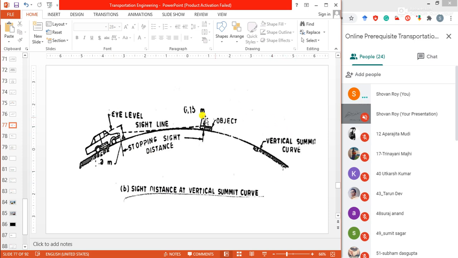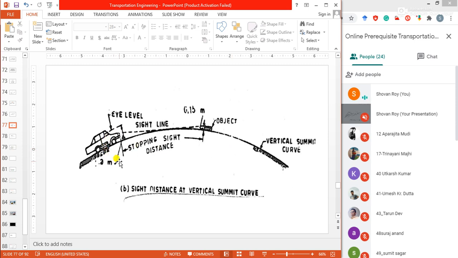So due to the vertical summit curve, the driver can see the object from a certain distance, and from that distance it is possible to locate the object for the driver.